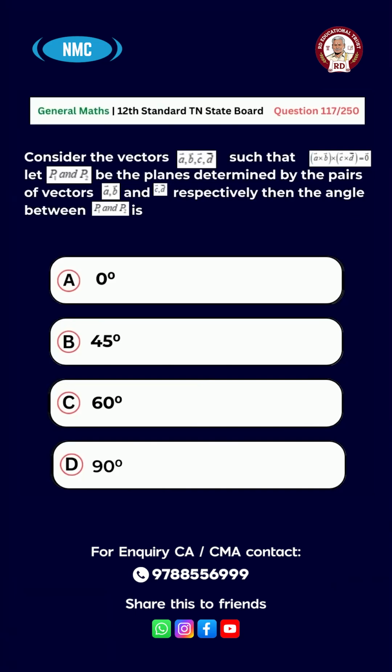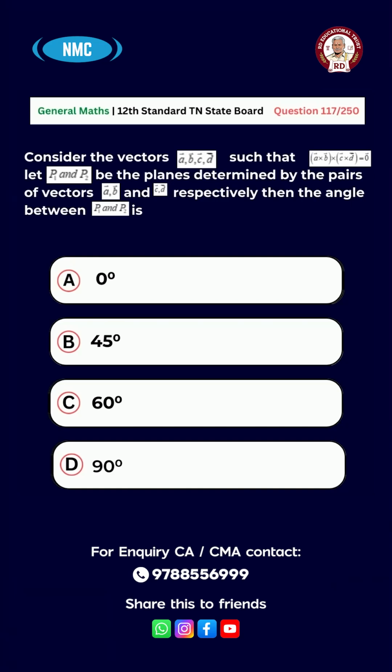Question number 117. Consider the vectors a⃗, b⃗, c⃗, d⃗ such that (a⃗ × b⃗) × (c⃗ × d⃗) = 0⃗. Let P1 and P2 be the planes determined by the pairs of vectors a⃗, b⃗ and c⃗, d⃗ respectively.